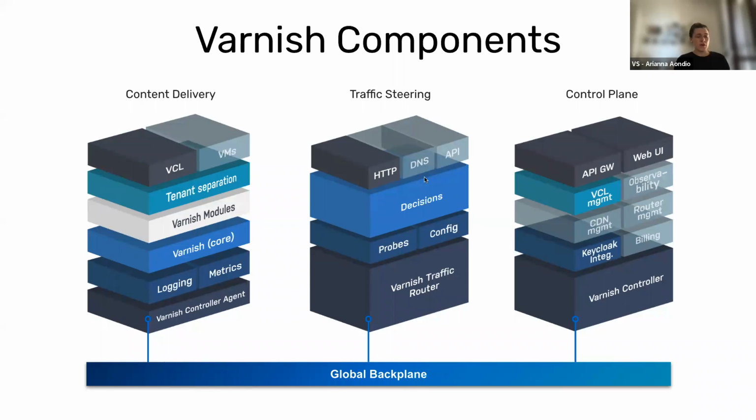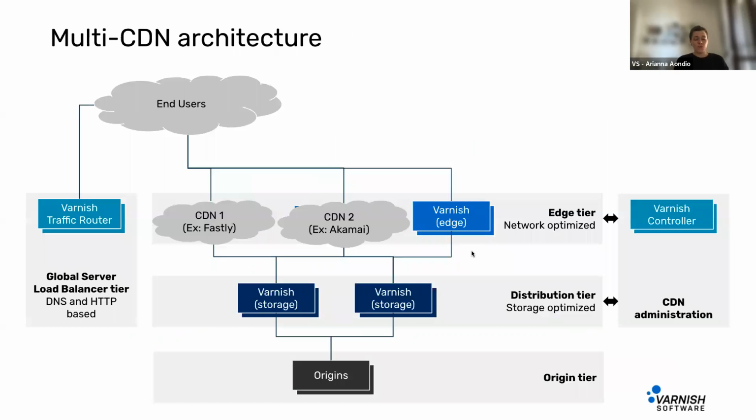But now that we have set the stage a bit, what is Varnish, what we do, and what we offer, now we start diving deep into the topic we have for today, and that's multi-CDN, really. So I've decided to take this webinar and present way more architectures than I've ever done.